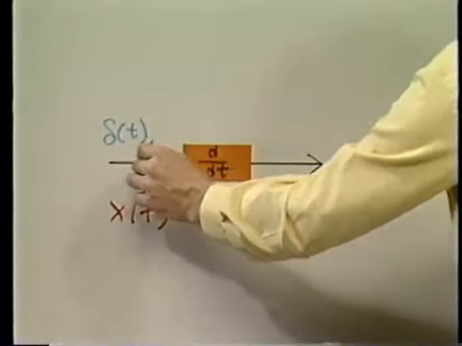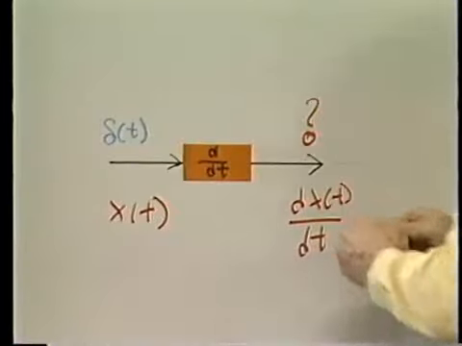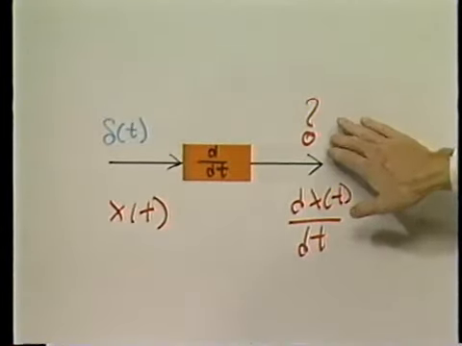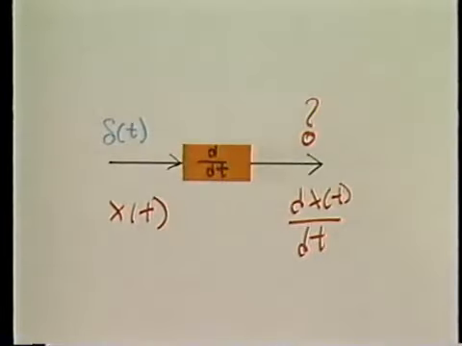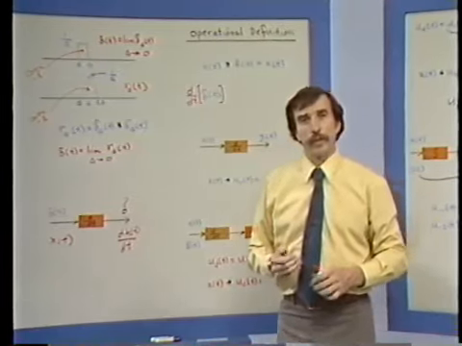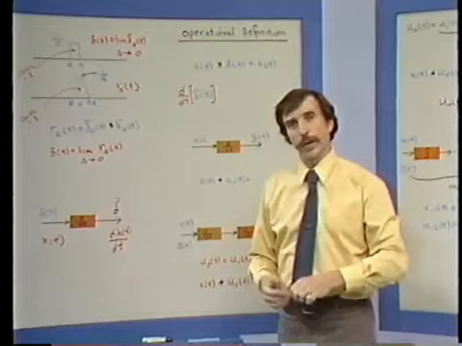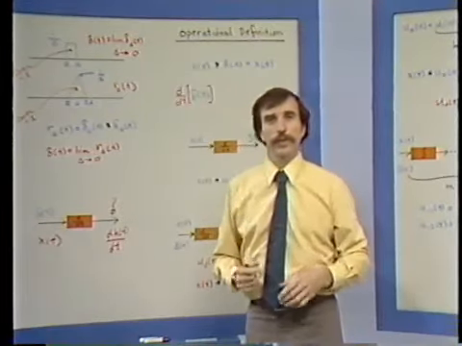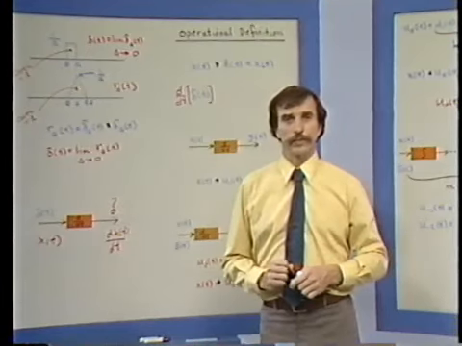If I put in an impulse, or if I talked about the impulse response, what is that? And of course, the problem is that if you think that the impulse itself is very badly behaved, then what about its derivative, which is not only infinitely big, but there's a positive going one and a negative going one, and the difference between them has some area, and you end up in a lot of difficulty.